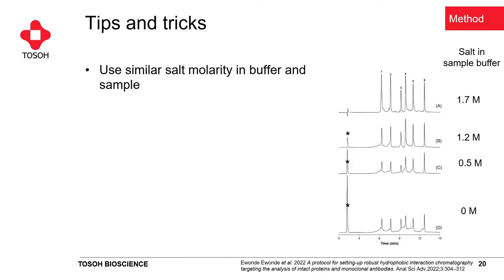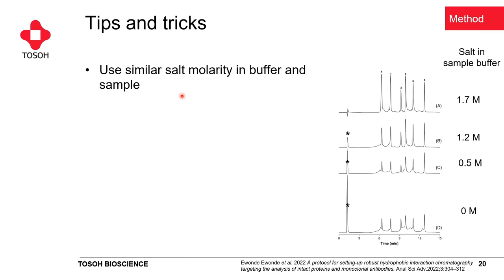And with that, we have already landed at some general tips and tricks you can use in order to make sure your hydrophobic interaction chromatography method works. One thing you should keep in mind is that you use similar salt molarity in the buffer and in particular also in your sample.